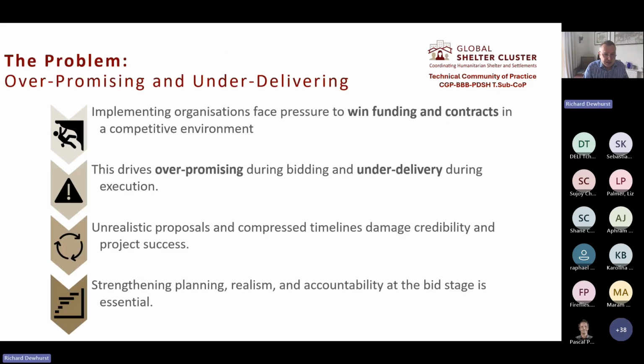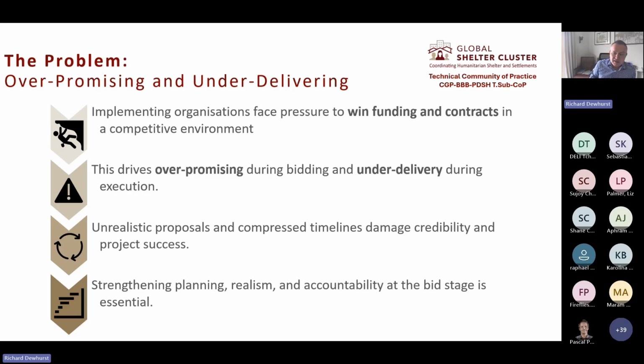And to compound these challenges from the previous slide, implementing organizations are under a lot of pressure to win funding in a very competitive environment. And this often leads to over-promising during the bidding phase as teams are trying to secure funding. But during delivery, these unrealistic promises create compressed timelines and overstretched resources, making it difficult to achieve project success.